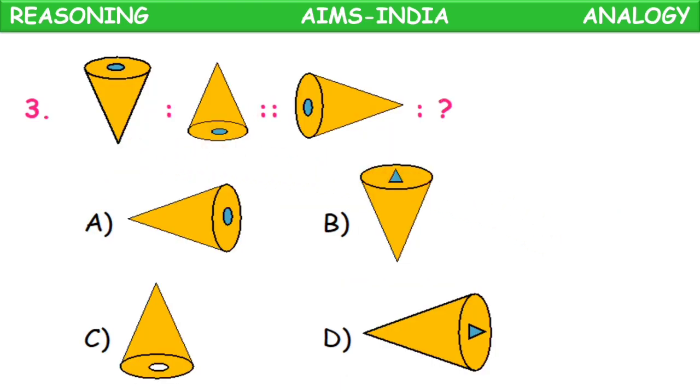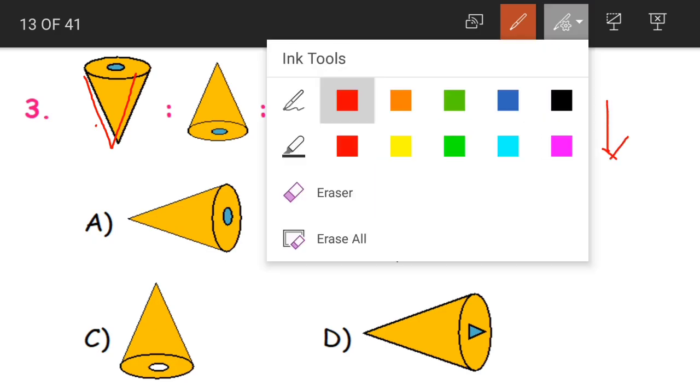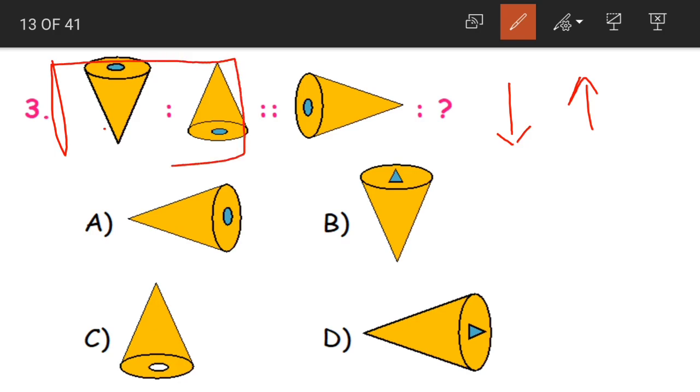Next question, we are having cones. What do we have here, children? Cone. See, the first cone is in up direction. The second one is in down. The first cone is facing downwards and the second cone is facing upwards. This is a pair, right?